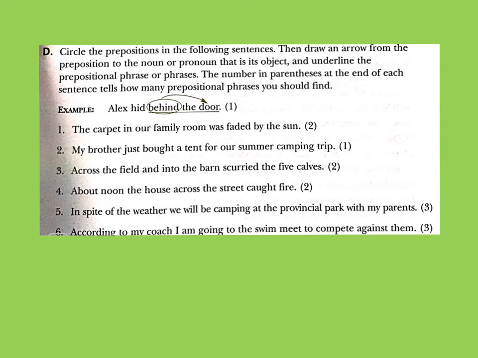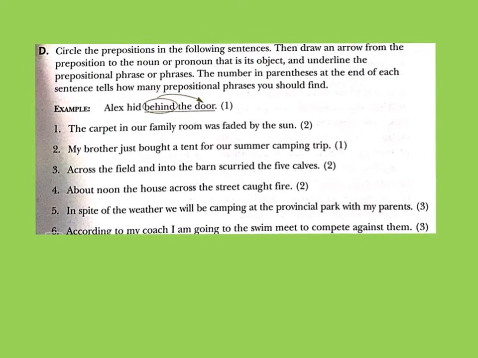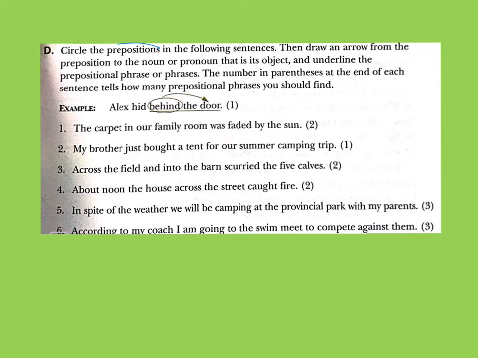Part D asks you to circle the prepositions in the following sentences and then draw an arrow from the preposition to the noun or pronoun that is its object and underline the prepositional phrase or phrases. So the numbers in parentheses, which are brackets, at the end of each sentence tell how many prepositional phrases you should find.